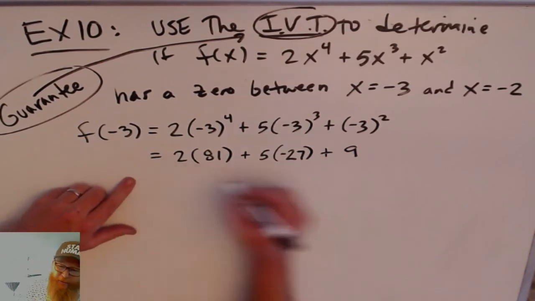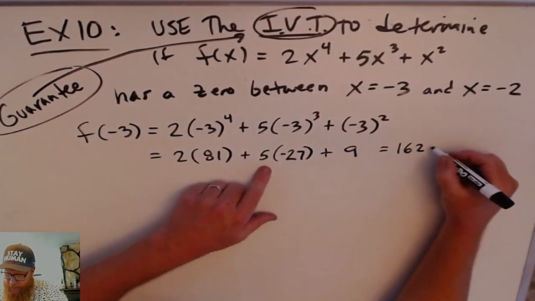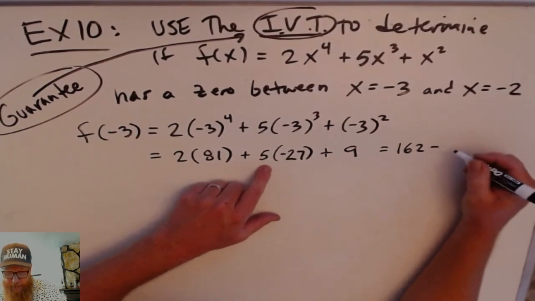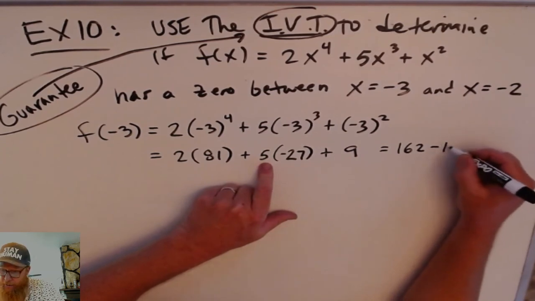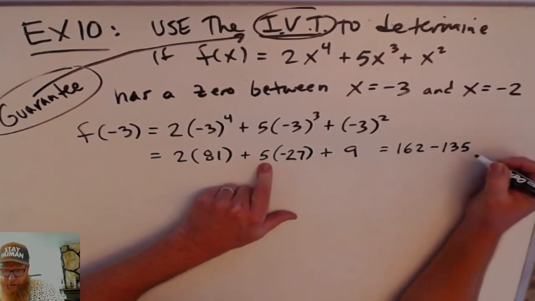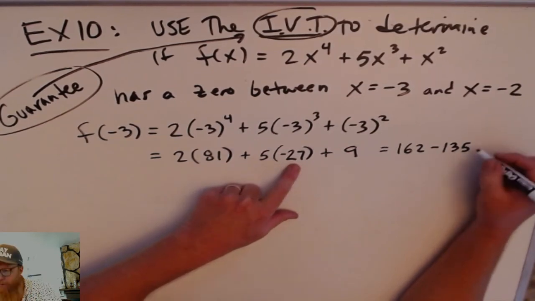So that comes out to be 162 minus, what's that going to be, 135? You might want to double check me. 5 times 20 is 100. 5 times 7 is 35.